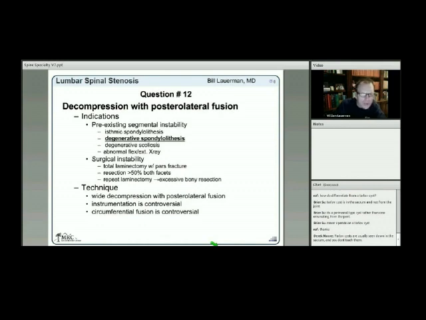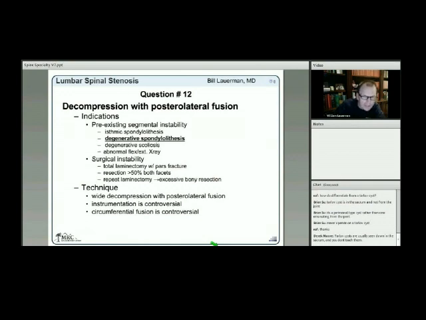Or you may create surgical instability, and that would include cases of a total laminectomy with a pars fracture. If you've resected more than one total facet, so greater than 50% of both facets, or certainly the facet on both sides, then you have created instability, and that's an indication for fusion.